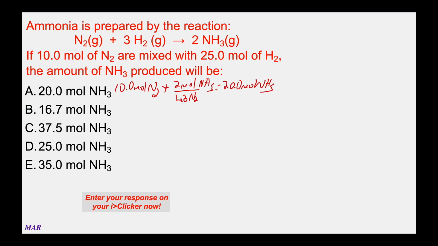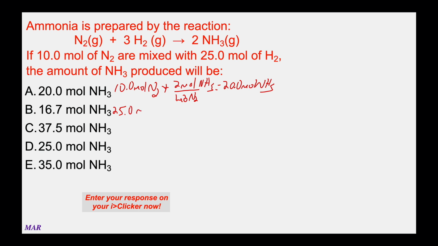But you really should do it for the other one too, all right? Because just because 25 looks like it's big compared to 10, but the stoichiometry sometimes will be really, really weird. So also do this from the other reactant's perspective.